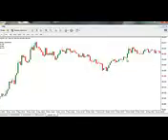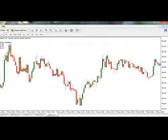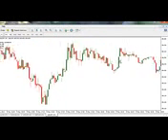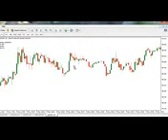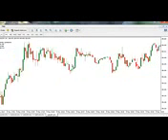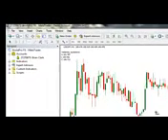Now, I spotted an area where there's strong support by at least 2 touches in that area. And that area was right here. So now that I spotted this area, I selected this horizontal line.